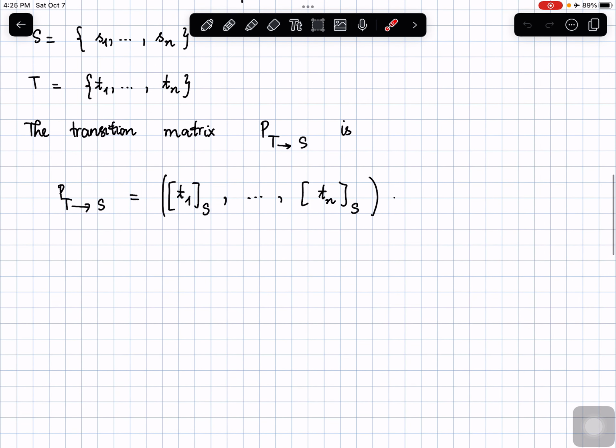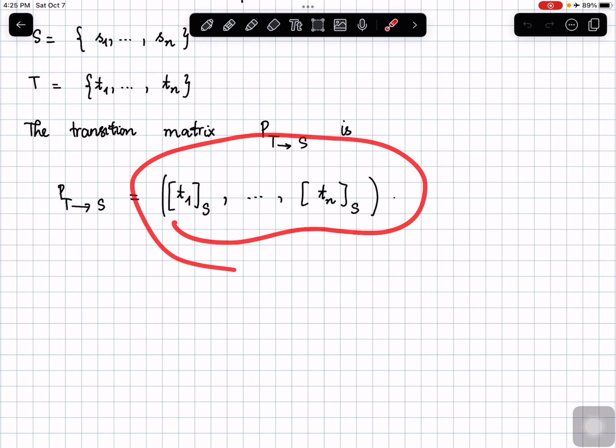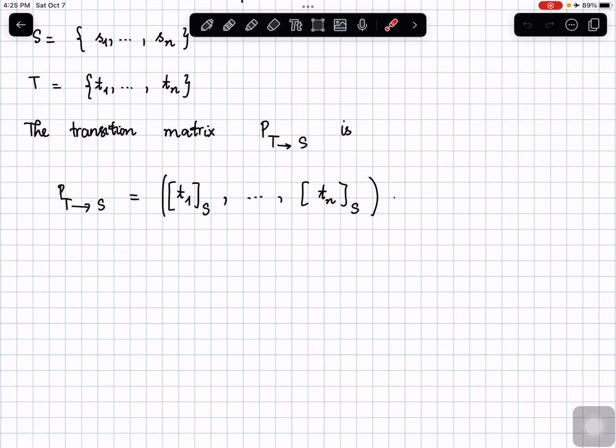Why do we have this? Does it make sense to write the transition matrix from T to S like this? So we have a vector, say any vector x in the vector space V, and we know that we now are in the basis T, right?